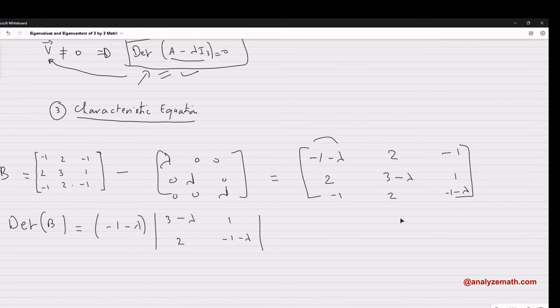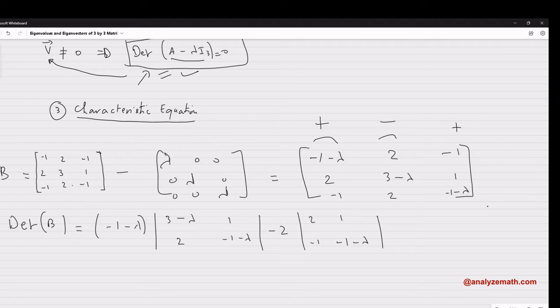Now I go to the second row. When you do this, remember it's a plus, minus, plus, and then you continue. So this one here, I need the negative 2. Take this column out, take this row out, you are left with 2, negative 1, and 1 minus lambda.